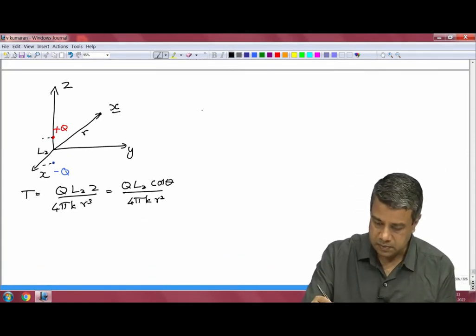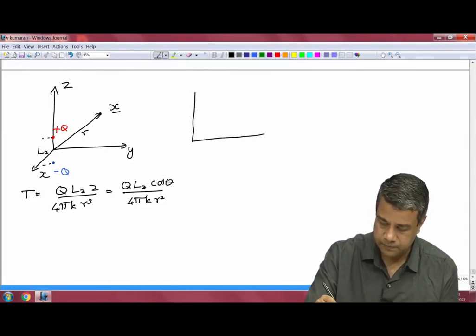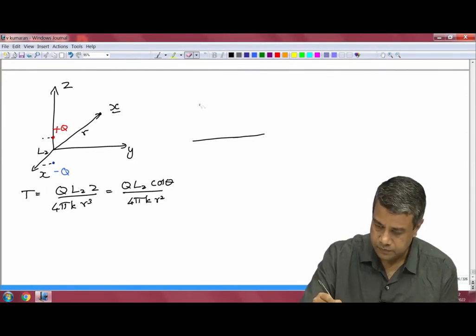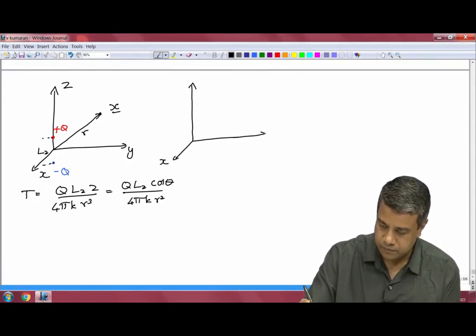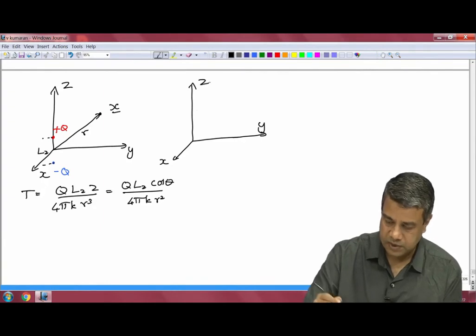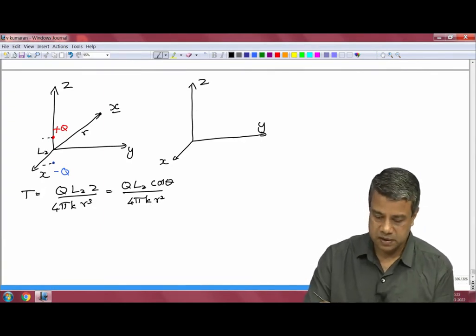I can do the same calculation in the x and y directions.